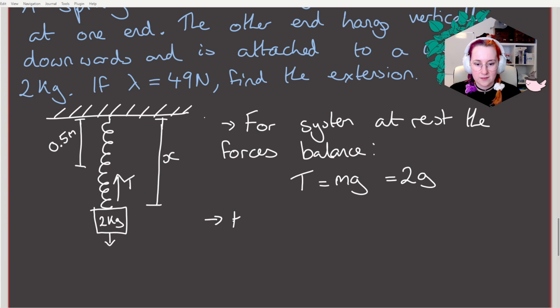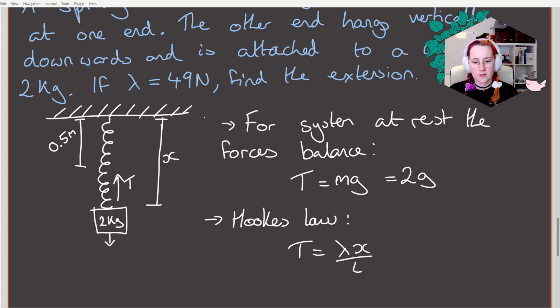Then we apply Hooke's law. So we get T is lambda x over L, and we just plug in our values. So we have 2g is lambda, which we were told was 49, times x over 0.5.